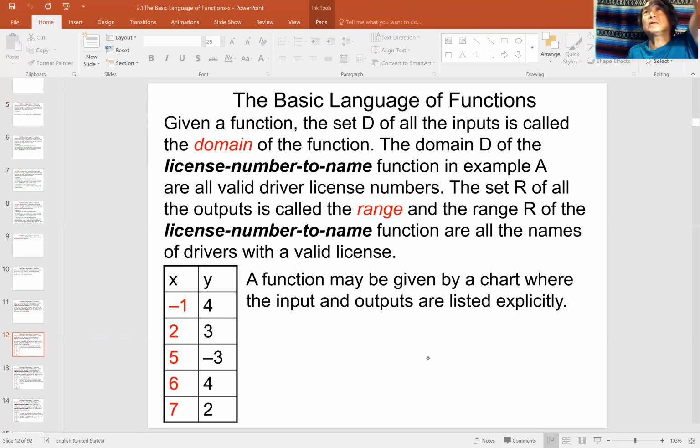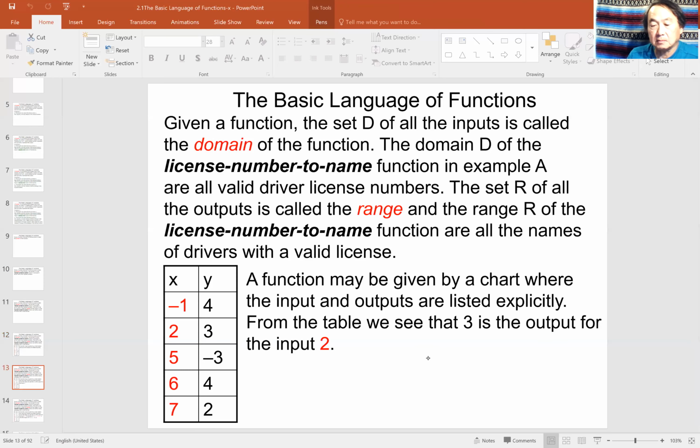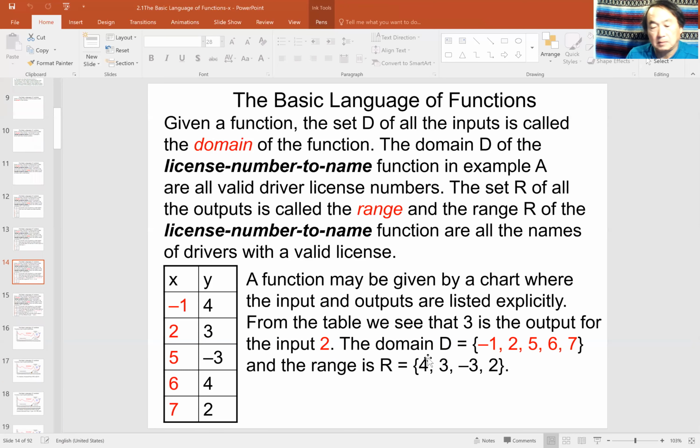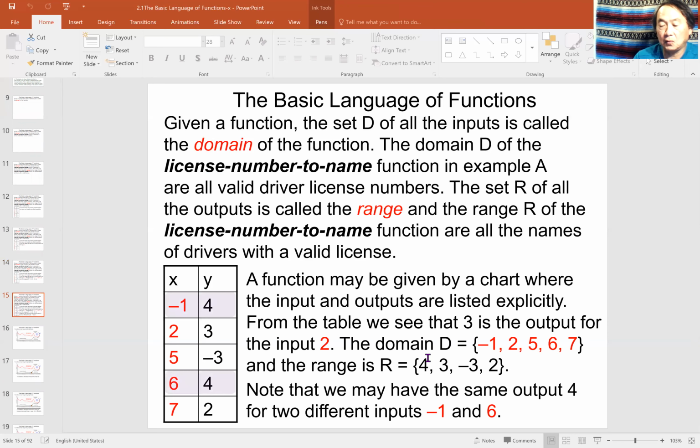The input could be hamburger, $2, fries, $1.50, and chicken McNuggets. So one input, one price. So menus are functions. Tables like this are functions, where for each input there is one single output associated with it.